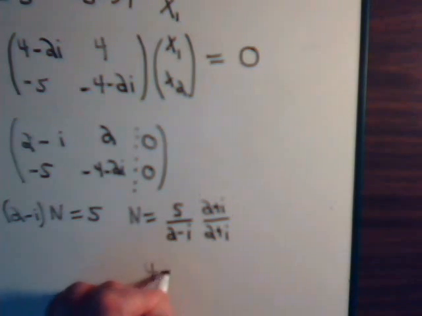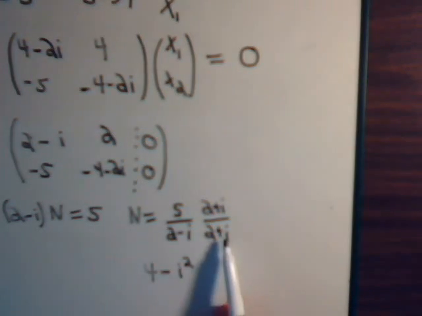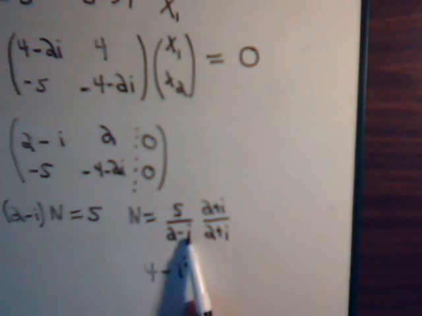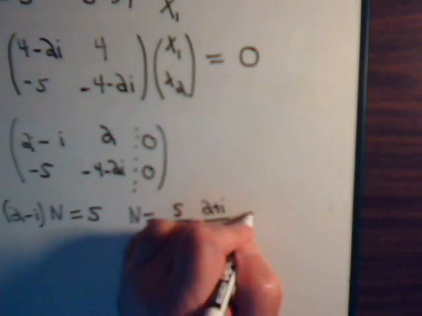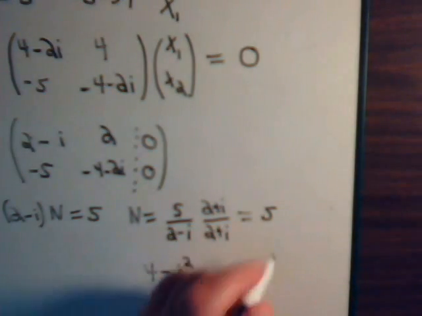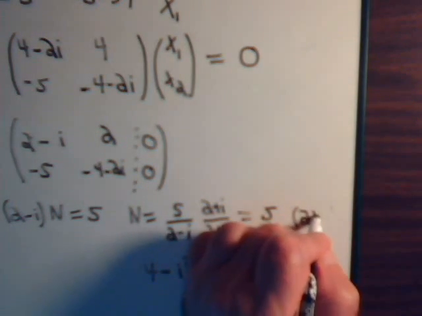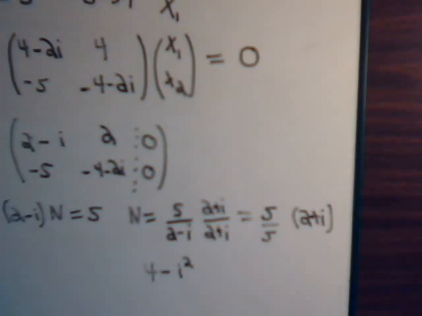Then we have minus i squared. I squared is negative 1, so that's 4 minus negative 1. So the denominator is 5. So this equals 5 divided by 5 times 2 plus i. So the number we're seeking is 2 plus i.